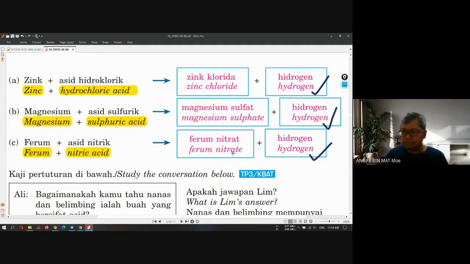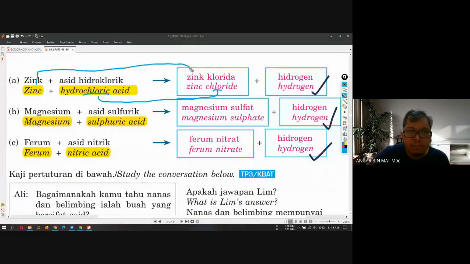Can you understand this? Can, eh? So just remember like this, very simple one. Chloric here, hydrochloric, will become chloride, and the metal here will become zinc here.